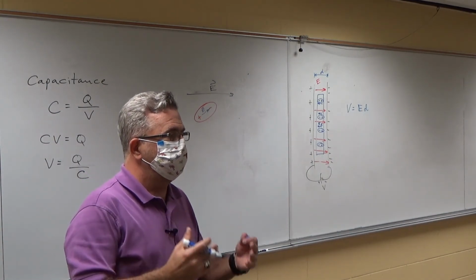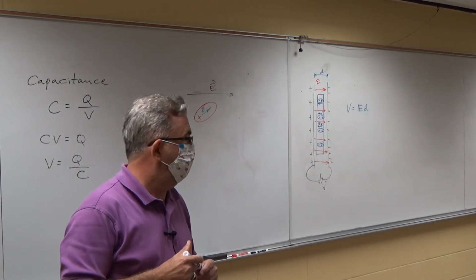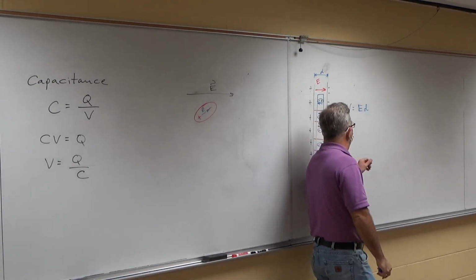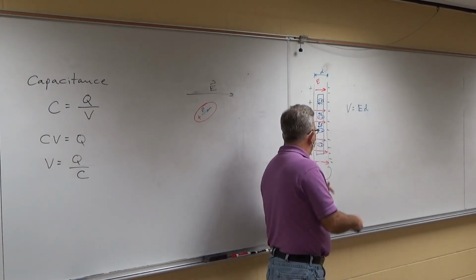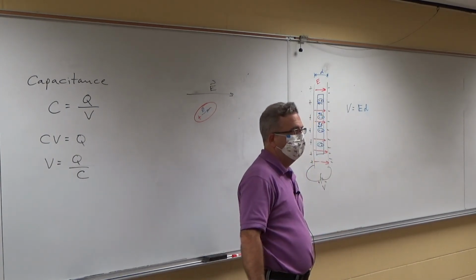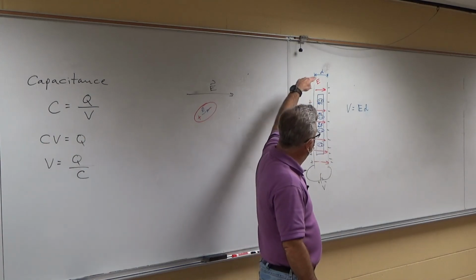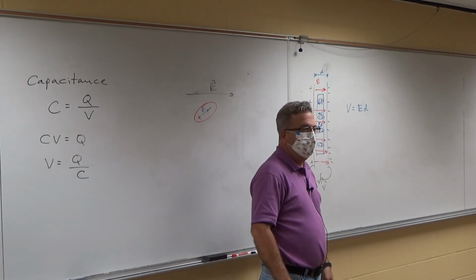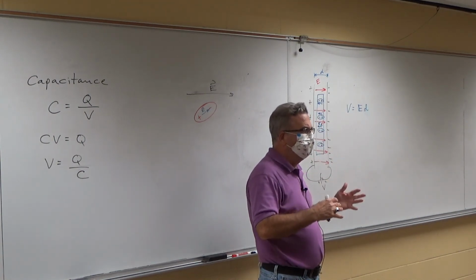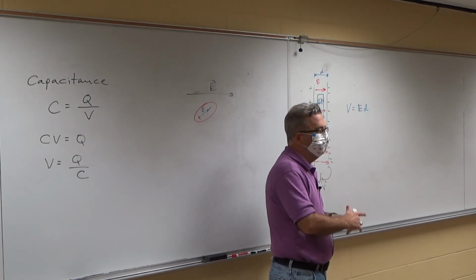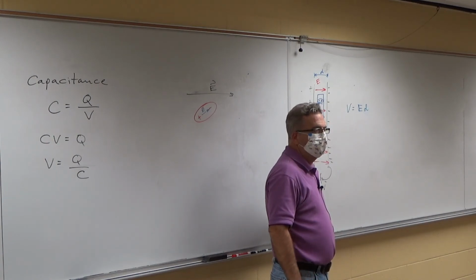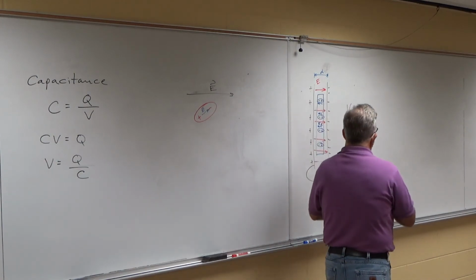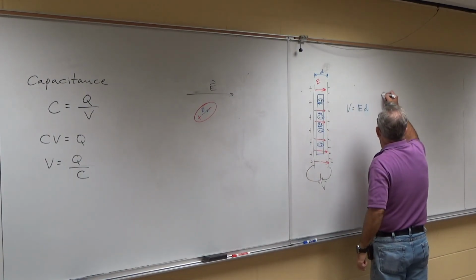So you're able to store a lot more charge on the capacitor because the net electric field is less for a given amount of charge, because you've got that dielectric material in there. We can talk about what happens with energy and how the energy changes. But that's what happens. So you increase the capacitance of your capacitor.